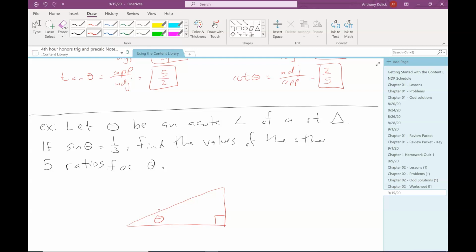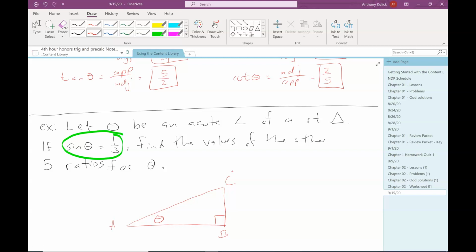Everybody's okay so far? What piece of information haven't I used yet? That sine theta is equal to 1/3, right? What is that going to allow me to say? So if this is side A, B, and C, tell me one of the side lengths.